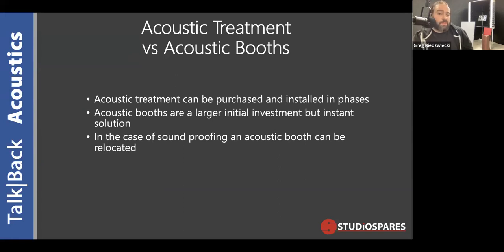Whereas if you had a ready-made booth, such as an Osmono booth, you can take those down. You can relocate your studio if you ever moved. So it sort of future-proofs your investment a little bit. But there's lots of different options for you. It's really identifying what you're trying to achieve, and then working towards that goal.